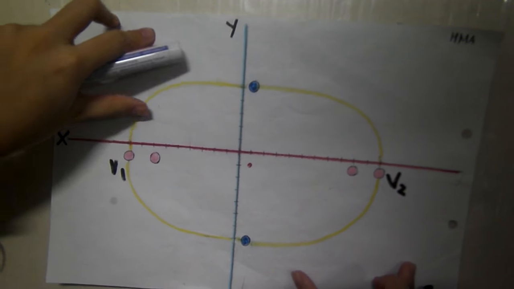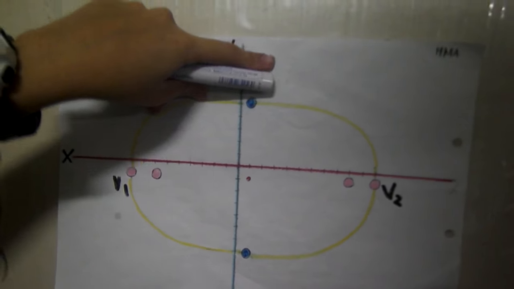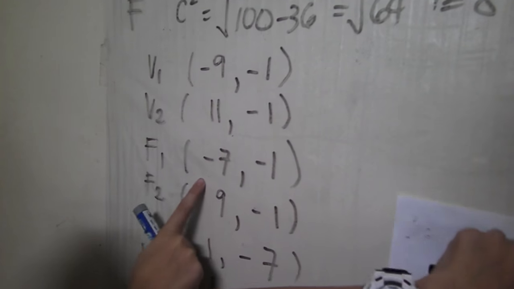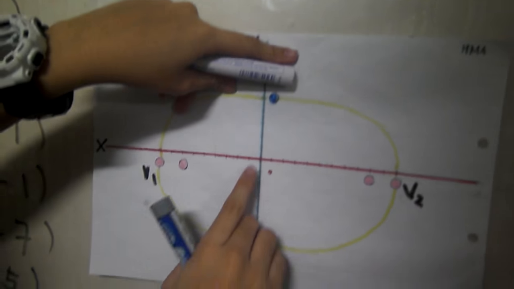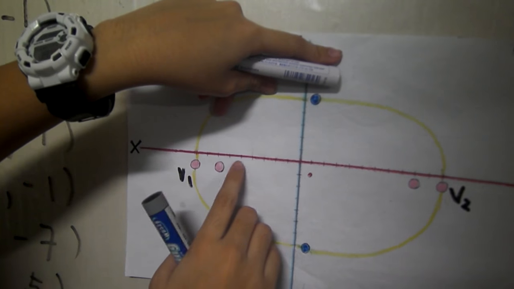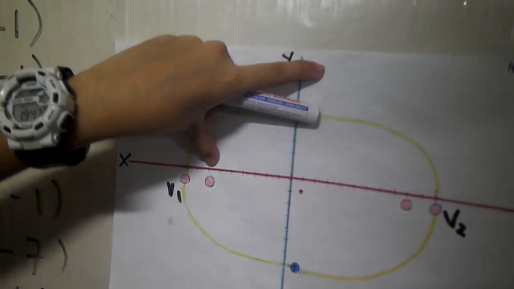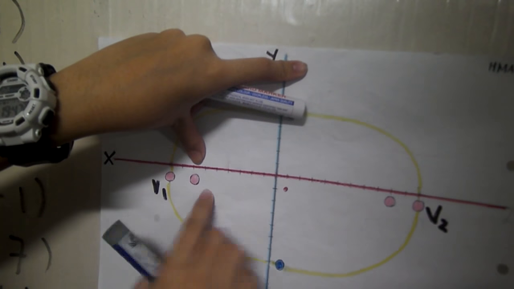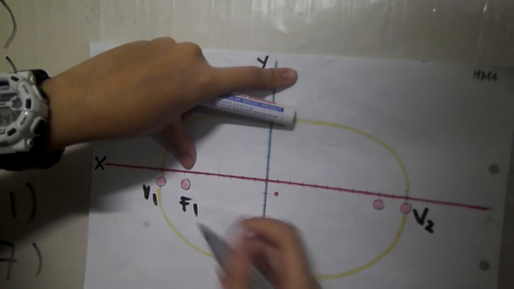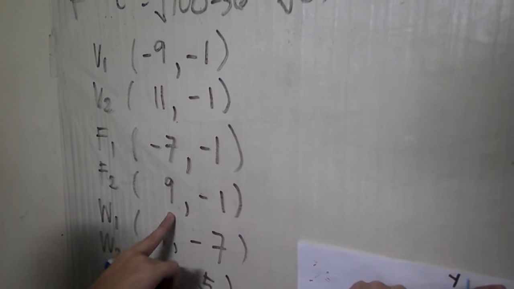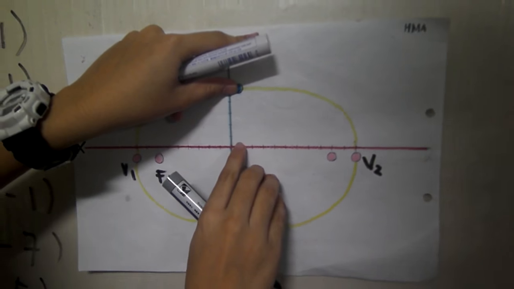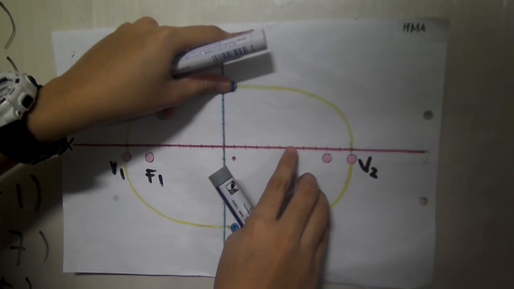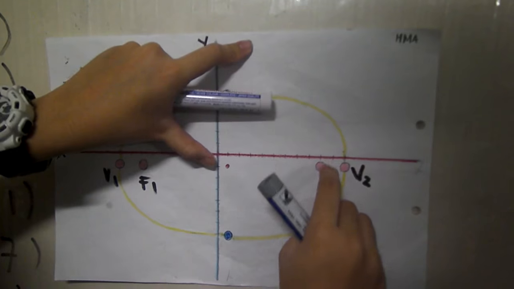For our focus, the focus is negative 7, comma, negative 1. We're going to graph that: 1, 2, 3, 4, 5, 6, 7, then negative 1. Here we go, this is focus number 1. For focus number 2, positive 9, comma, negative 1: 1, 2, 3, 4, 5, 6, 7, 8, 9, and negative 1.